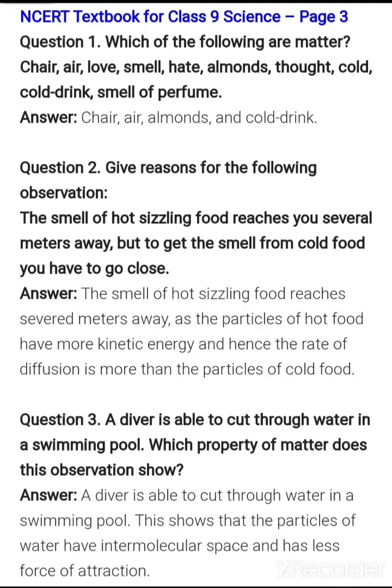Here some of the things and even some of the expressions are listed. So we have to classify which ones are matter and which are not. What we have learnt about matter is that everything in the universe which is made up of material is termed as matter.